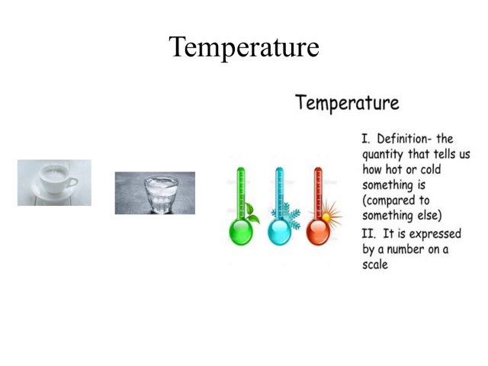So there is a difference in the degrees of hotness or coldness of things. I think now you have guessed what temperature is. Yes, temperature is the degree of hotness or coldness of an object. So let us check this with an activity.